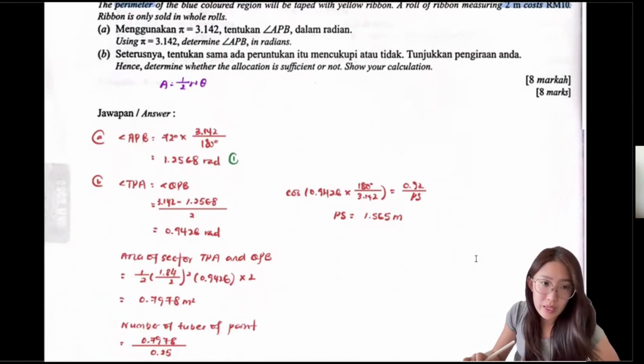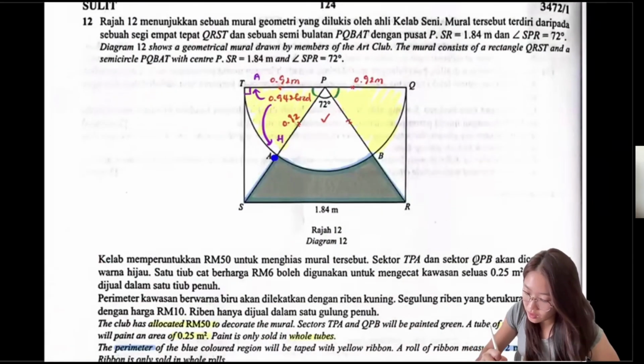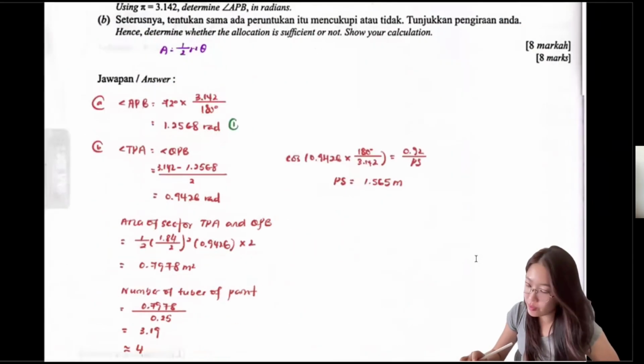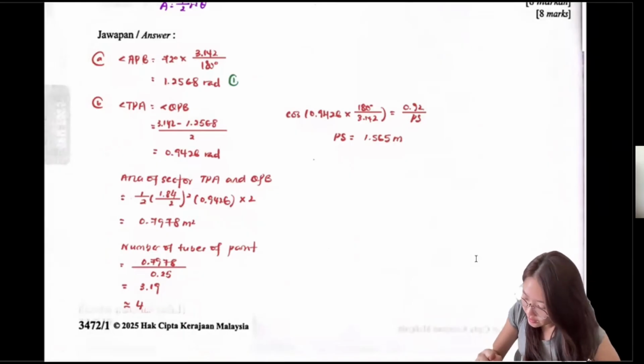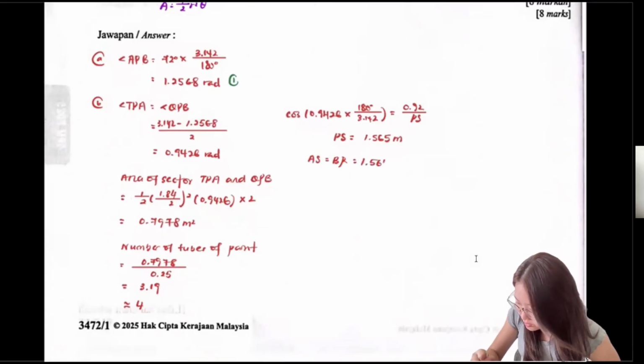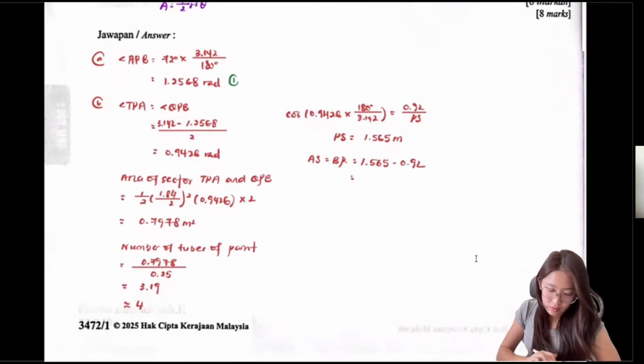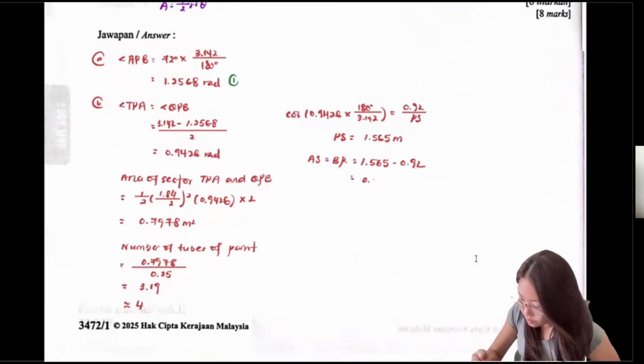Then we don't need PS. We need AS and BR, the perimeter. AS and BR are the same. 1.565 minus 0.92, this is 0.645 meters.